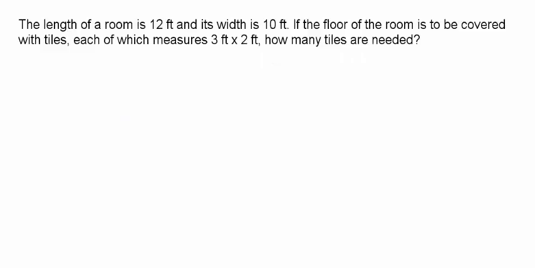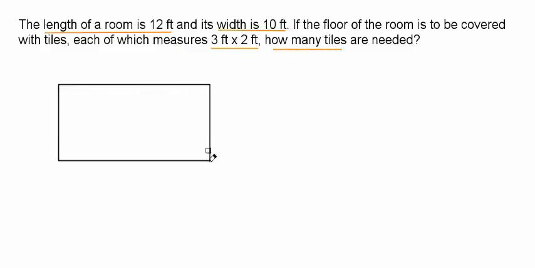Alright, so here's another one. The length of a room is 12 feet and its width is 10 feet. If the floor of the room is to be covered with tiles, each of which measures 3 feet times 2 feet, how many tiles are needed? So we have a rectangular room that measures 12 feet on one side and 10 feet on the other side.